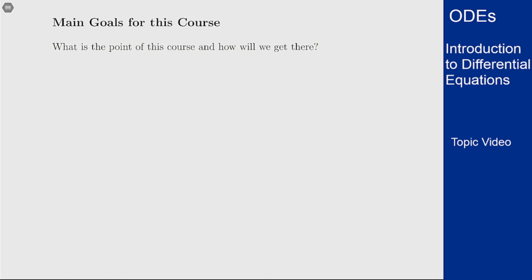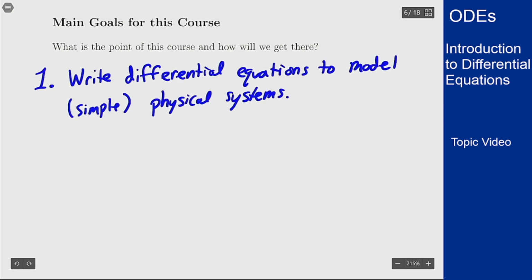What are the goals for this course? The main goals over the course of this course in differential equations include the following. First, we want to learn how to write differential equations to model physical systems. Not as complicated as the previous ones that I just discussed, but simpler ones that are easier to visualize what's going on. Second, we want to learn how to analyze and solve these equations, and then interpret those results in the context of physical systems.